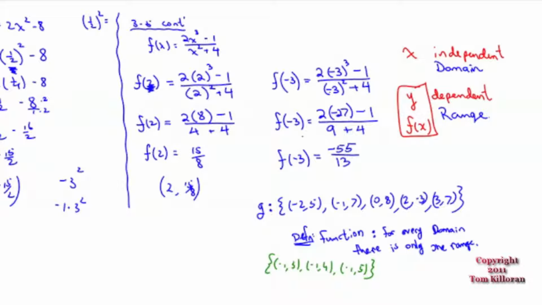Is this a function? Yes. Because every domain has its own range. Even though the ranges are all exactly the same, this is a function because for every domain there is only one range. Even though they're exactly the same.